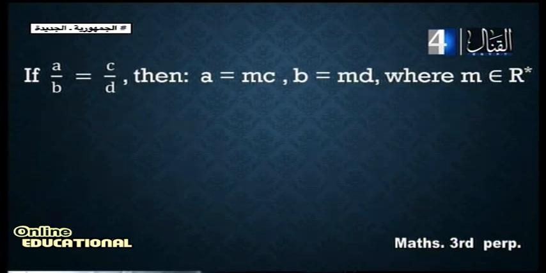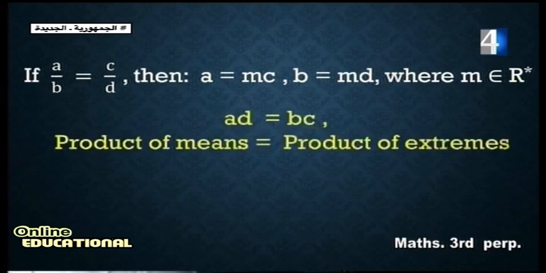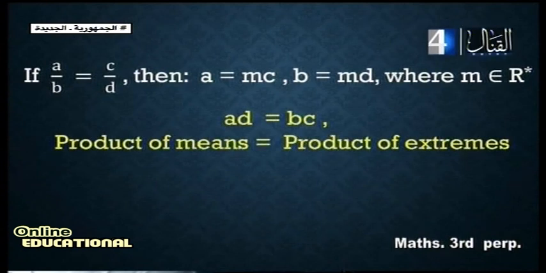It means that it is the set of all real numbers except 0. By making cross multiplication for the ratio A over B equals C over D, you are going to obtain that AD equals BC. It means that the product of means equals the product of extremes.